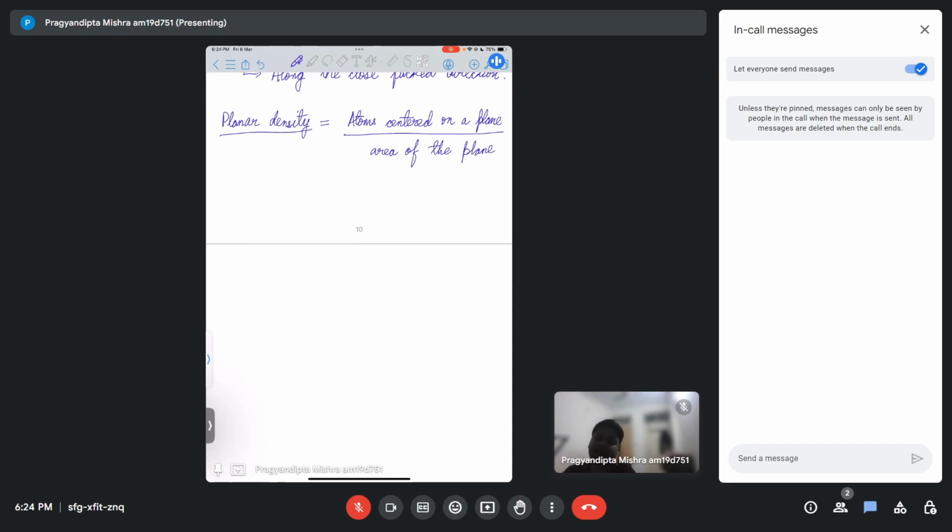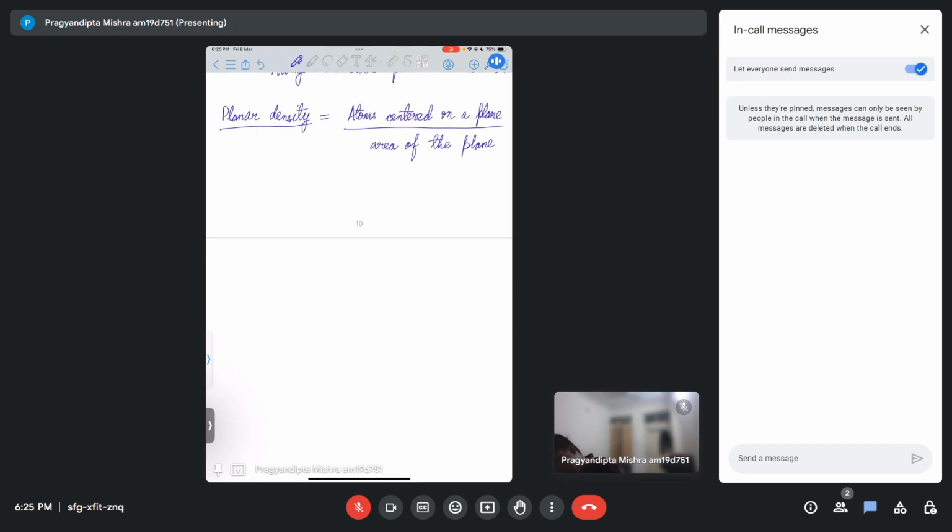What do we mean by this? If we want a densely packed plane, the planar density should be higher. So we should have either more atoms on the plane or the area of the plane should be smaller. Now what is linear density? If we think along the same lines for a direction, then we will get linear density. This is just atoms centered on one particular direction divided by length of direction.